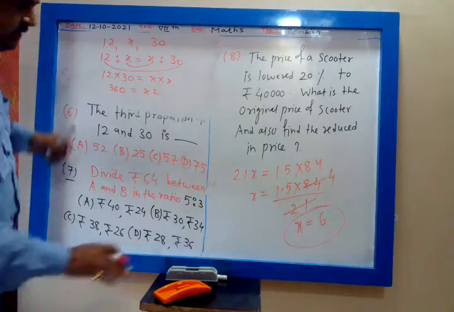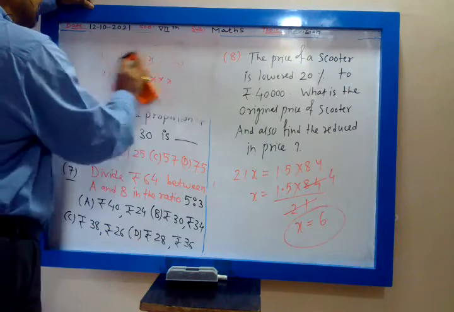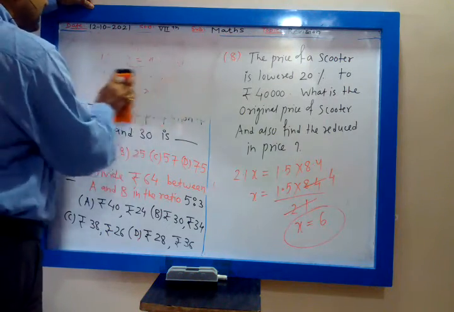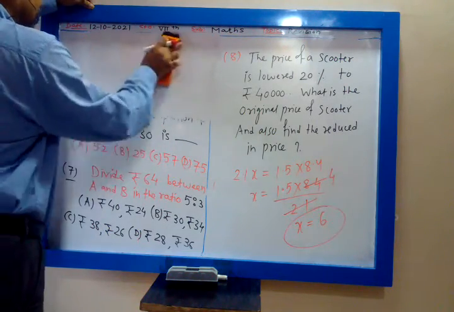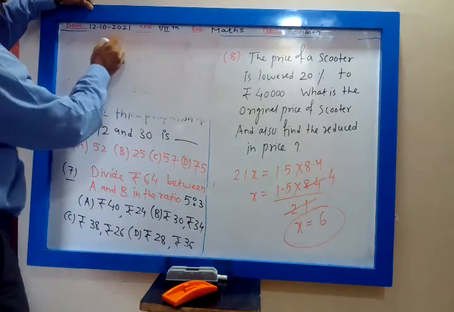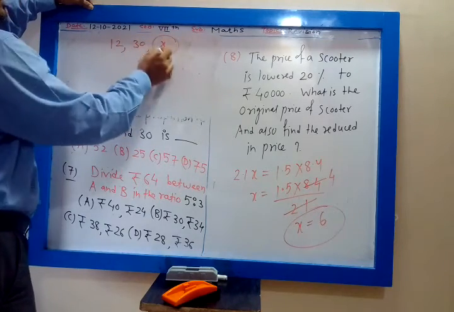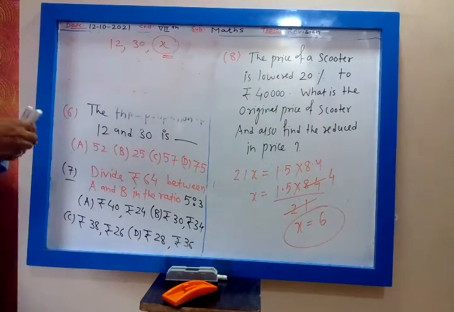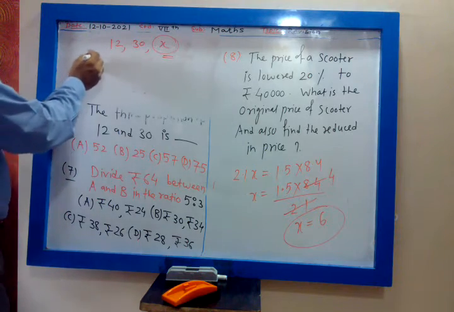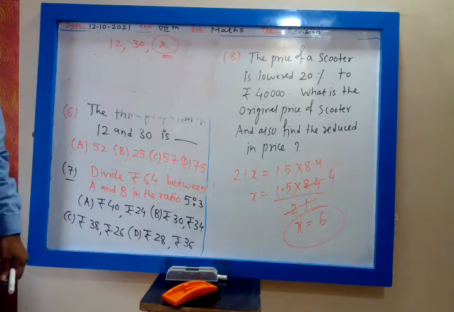Third proportion means it will be 12, 30. It is not as find mean proportion. So you will take 12, 30. Third proportion I will take x. So what you will get? Find the third proportion of 12 and 30.